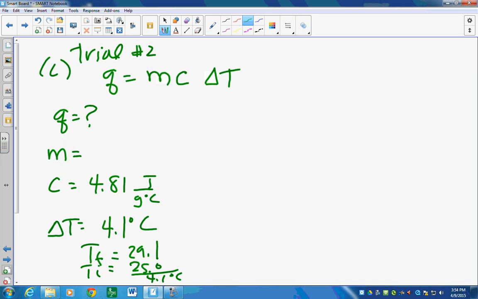So here's the deal. Here's how you get the mass. I'm going to put it over here. The mass of the MgO in trial 2 is 0.50 grams. Okay? Now, here's the crazy part. You put in 100 milliliters of HCl.